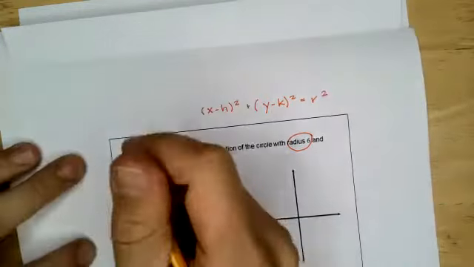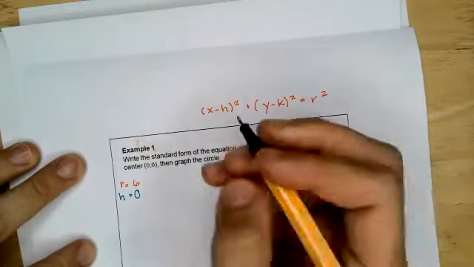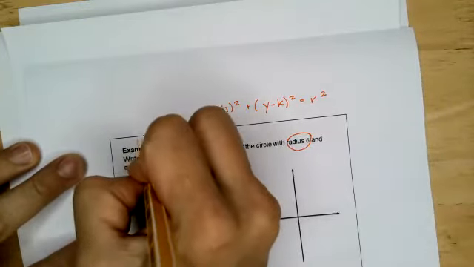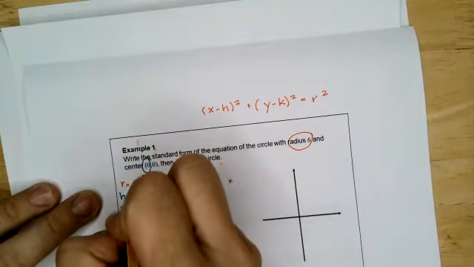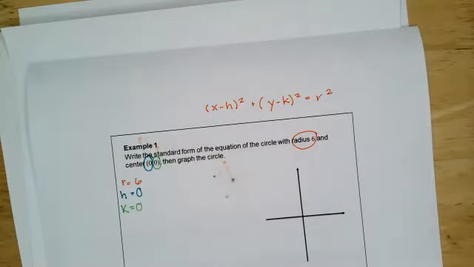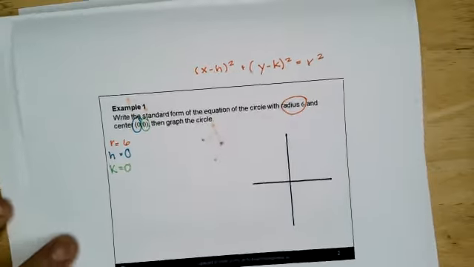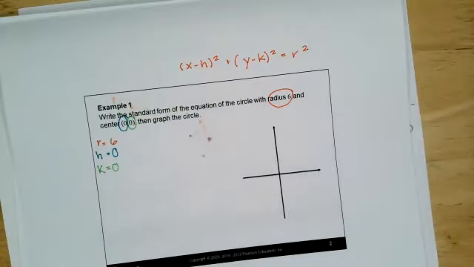I know that h is 0, right? I know that k is also 0. And then I just fill that in. So I can keep some of it.